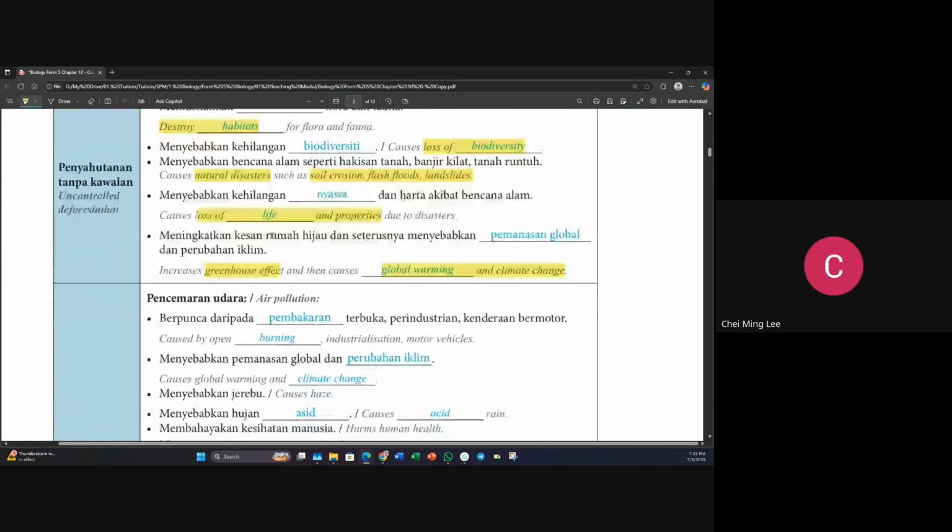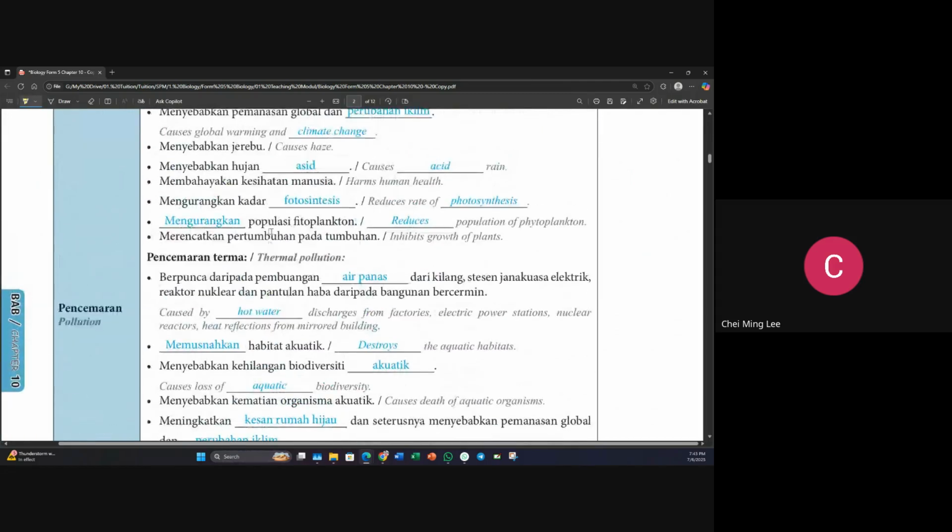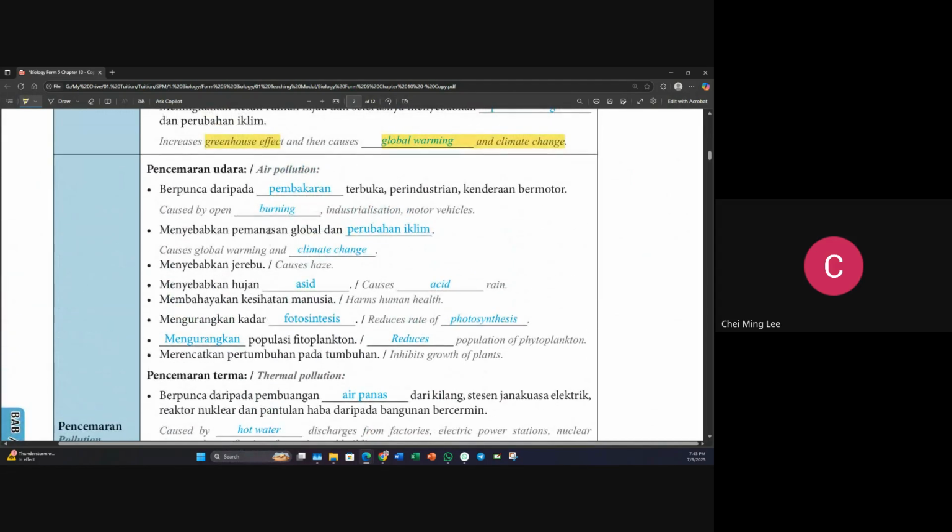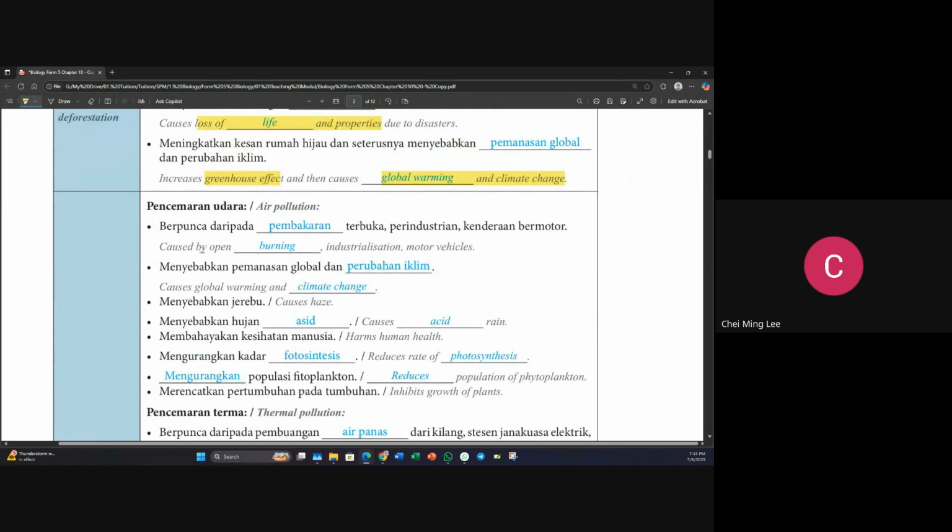Okay, now next for pollution. We start with air first. Air pollution can be due to open burning, industrialization, and motor vehicles.